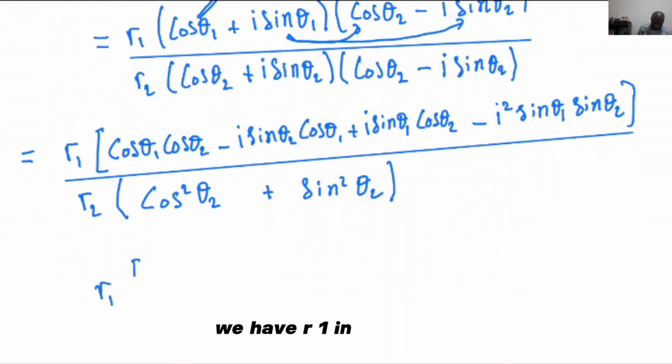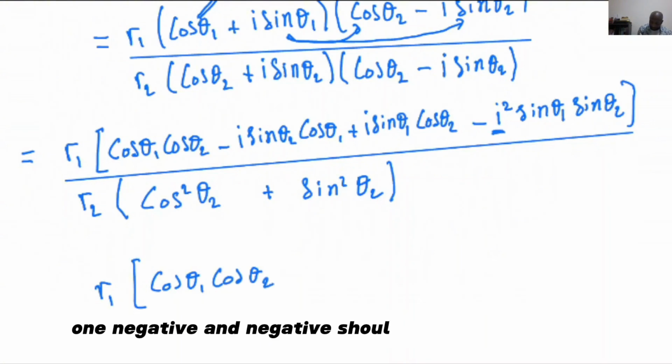r1 into cos of theta 1 cos of theta 2. i squared is negative 1. Negative and negative should be positive.